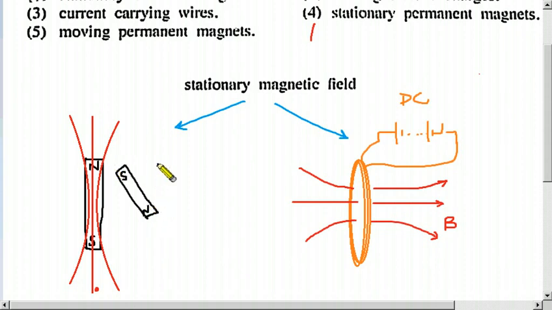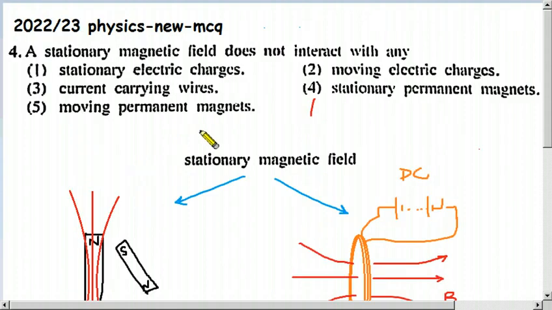There will be an interaction, that means a motion. A force acts on the second one, and both have forces. So it is an attraction or repulsion. We can see the motion, it must move this way or that way, away from the magnet or towards the magnet. So that is an interaction.